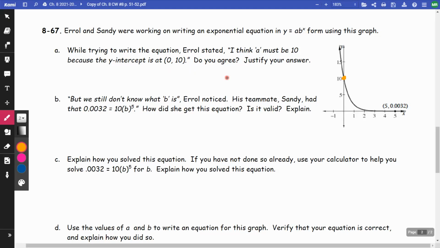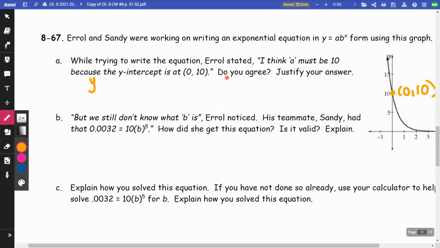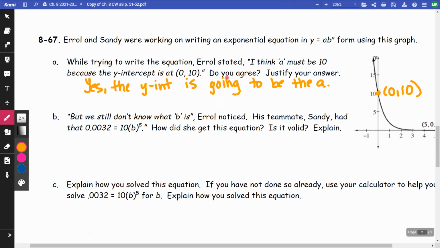Well, the y-intercept is at (0, 10), and I do agree that that is our a. So yes, the y-intercept is going to be the a. But we still don't know what b is.